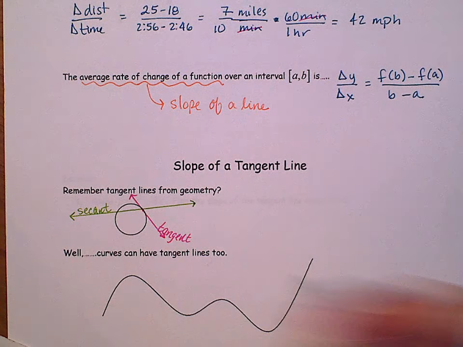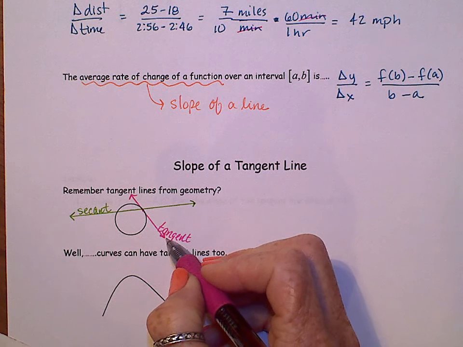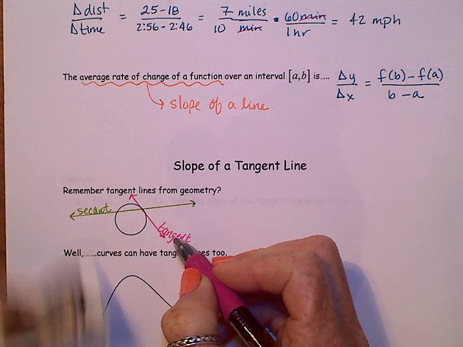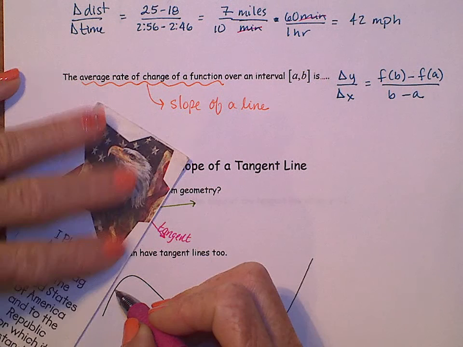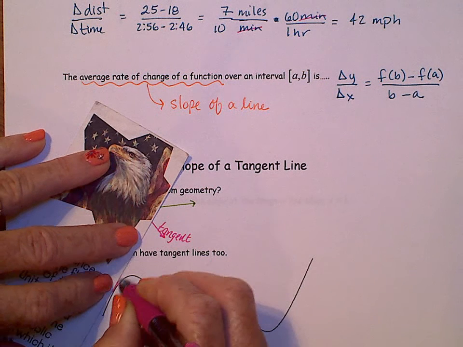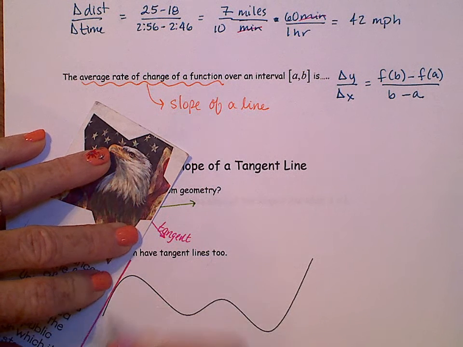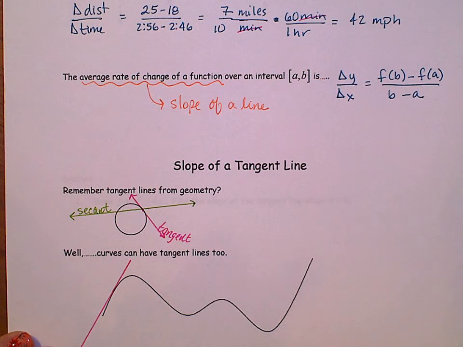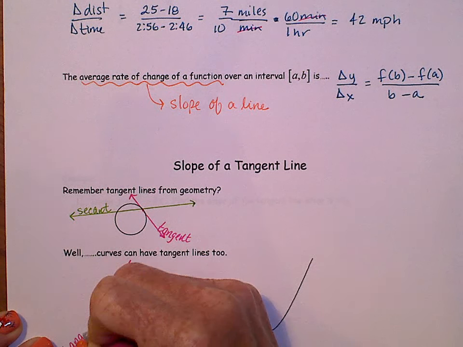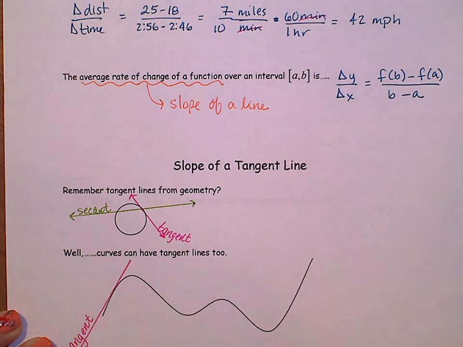It's the same concept as for a circle: that tangent line skates right along the edge of a curve. So there's a tangent line right here, skating right along the edge of the curve and intersecting just at that one point. There's a tangent.